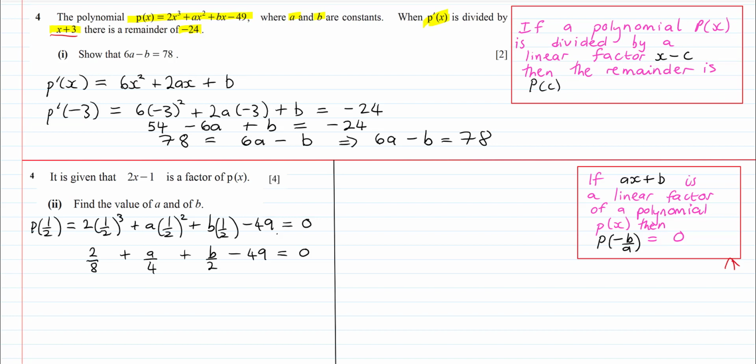We can simplify this even more. If we multiply through by 4, for the first term we get 4 times 2 over 8, which is 8 over 8, and that is just 1. And then a over 4 times 4 is just a, plus b over 2 times 4 is 4b over 2, which is 2b, and 49 times 4 is 196, so we get minus 196, and that is equal to 0.